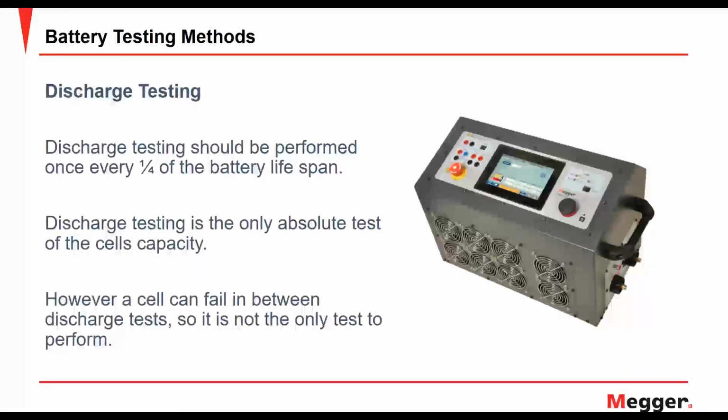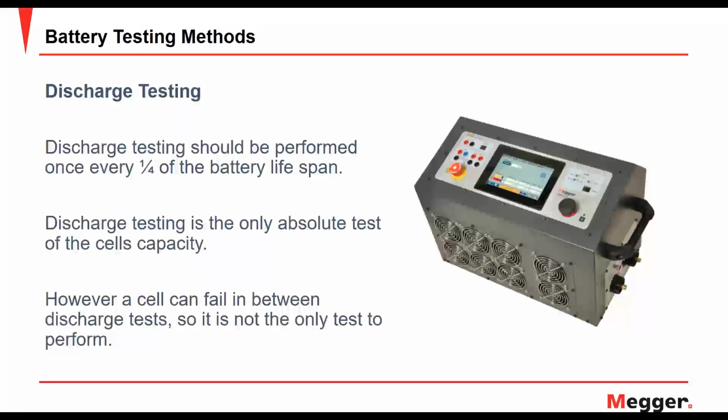I would also recommend doing this test once your battery is delivered, to give you a baseline and to know the actual capacity of your battery by measurement, not by a specification sheet. However, since cells can fail between discharge tests, another test is also recommended, and not only this one, since it's the most expensive test.